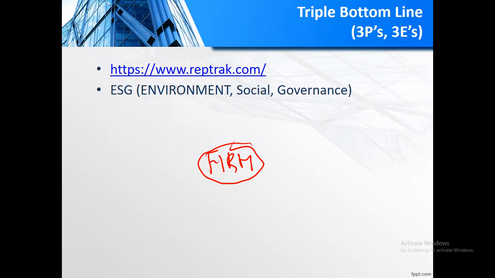Sino-sino yung mga yon? What entities, what institutions are interested in the well-being of the organization? Can you name some guys? Paki sound off na lang guys. Anong mga organization ang interested dun sa well-being ng firm?